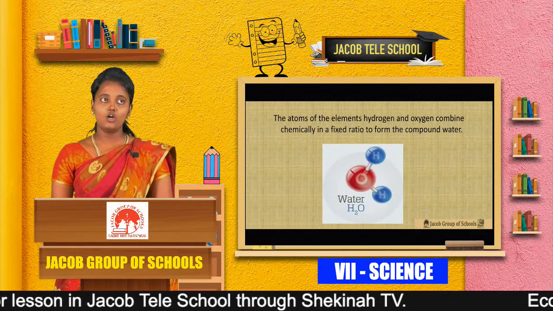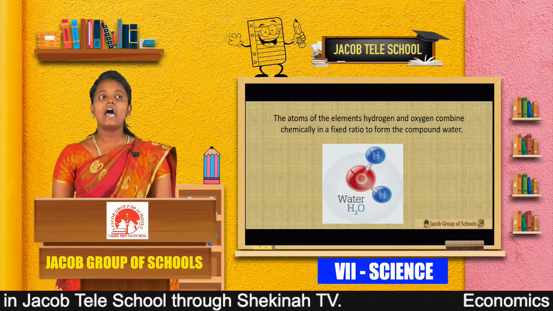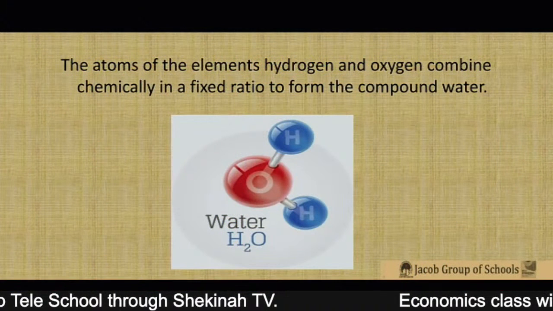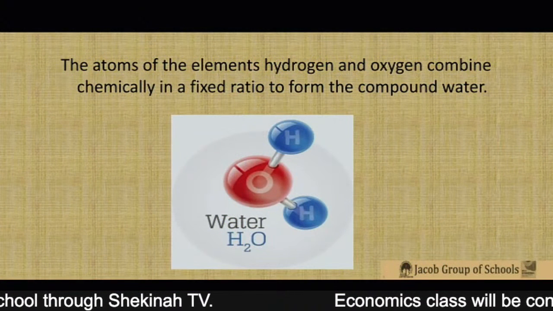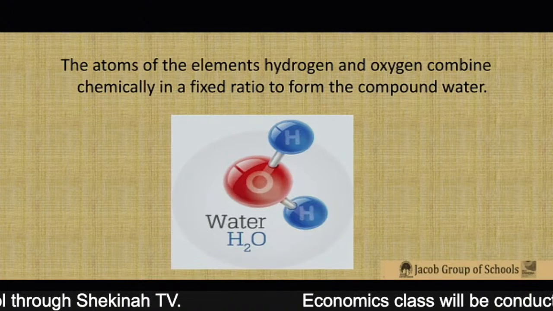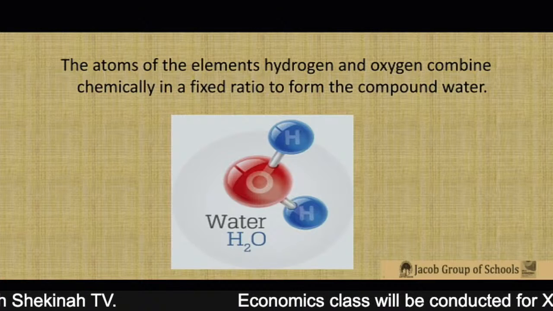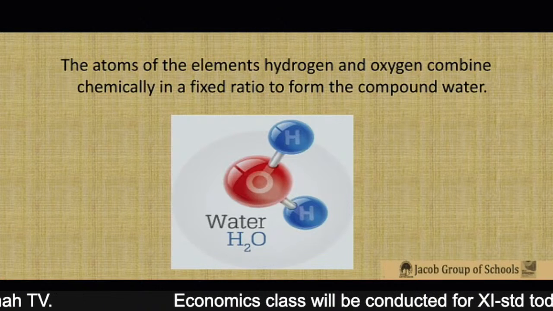elements. Okay? For example, see the picture, the atoms of the elements hydrogen and oxygen combine chemically in a fixed ratio to form the compound water. So we know very well hydrogen and oxygen, இது ரெண்டும் combined ஆனாதான் நமக்கு என்ன கிடைக்கும், we get water.